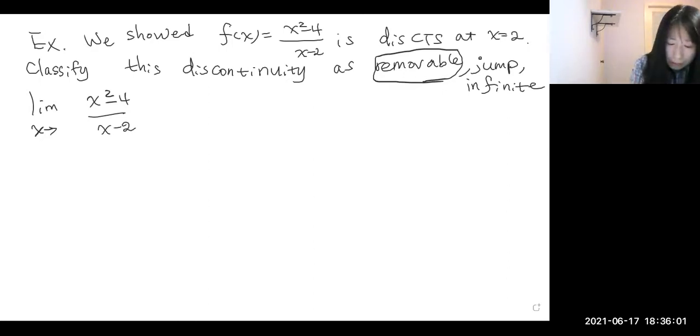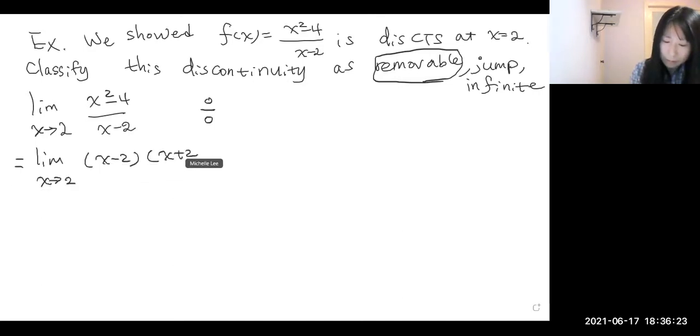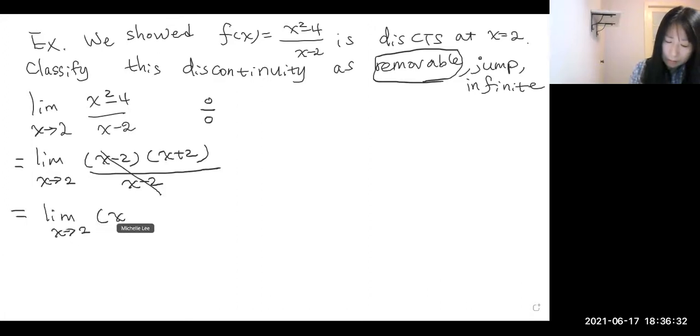So 2. Look, we did that indeterminate form last time, right? Then we use the technique, factoring out, canceling out, simplify. We did that last time. So we have this.